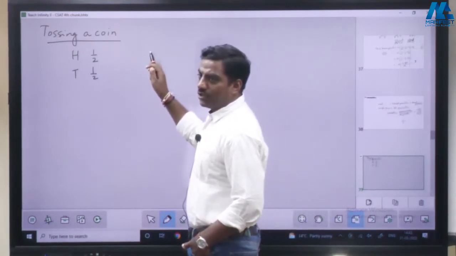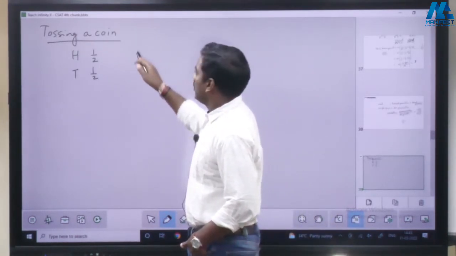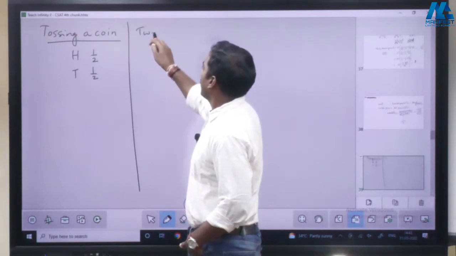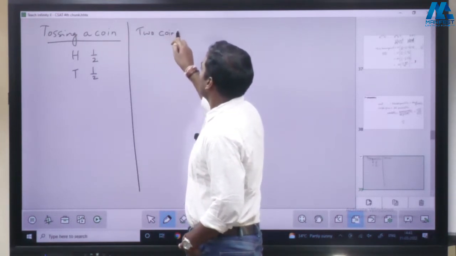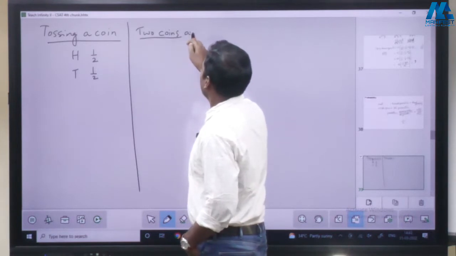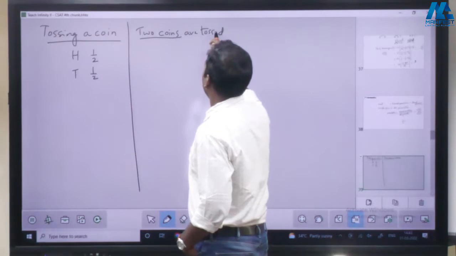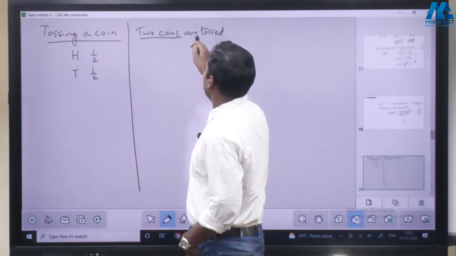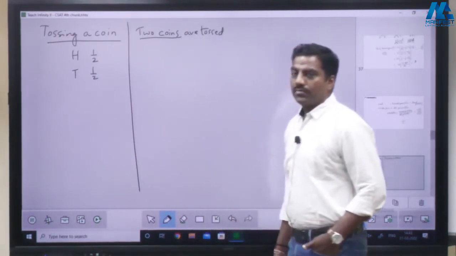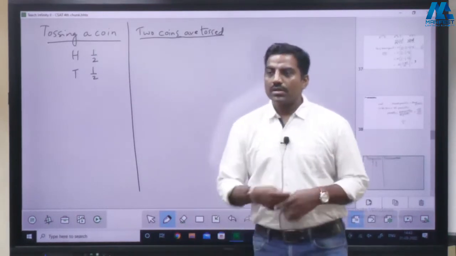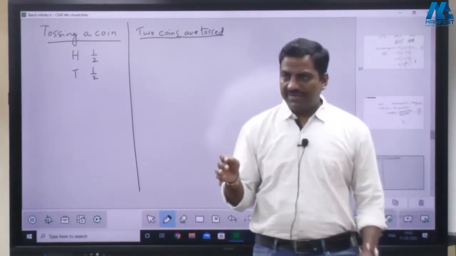When two coins are tossed. Imagine, don't think theoretically.